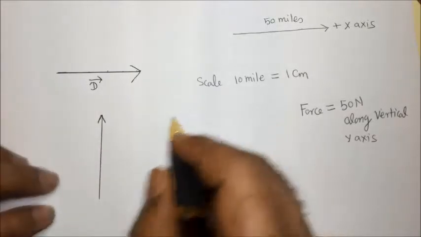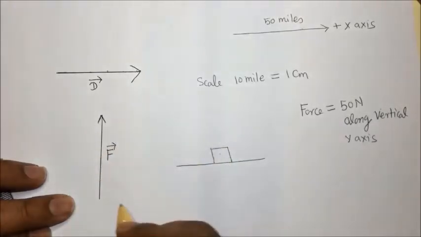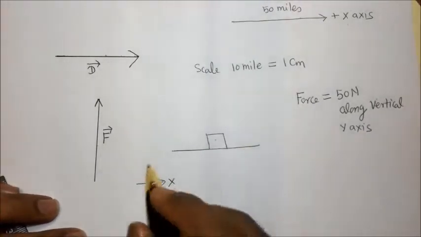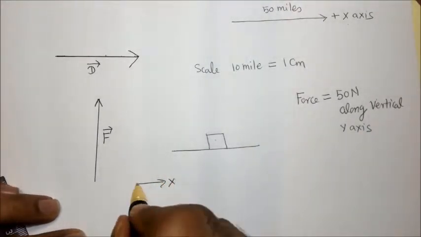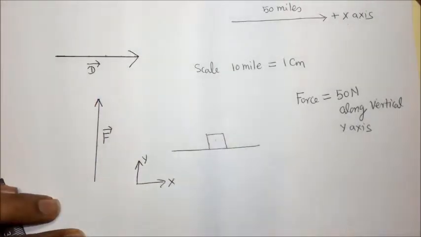Okay, so you can say this is your force. This is along plus y-axis. So if this is your x, and this is your y, this force vector is along plus y-axis.